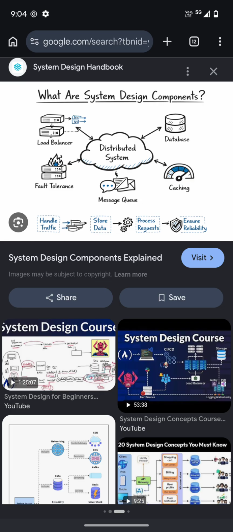But depending on the load of the application, and since business requirements nowadays are more multinational, if they want to do a global business, it should compulsorily be a distributed system design architecture. They should adhere to the distributed system design architecture.